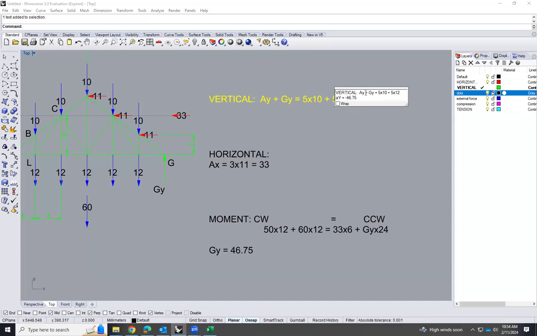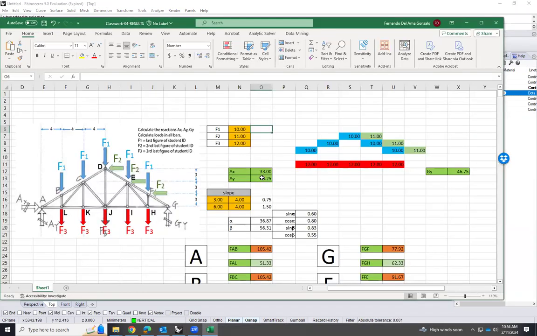Gy is negative, because it goes to the other side of the equation as a negative number, and then plus 50, 5 times 10, plus 60. Okay, so this is Gy negative because it goes to the other side of the equation, and that will be AY 63.25.